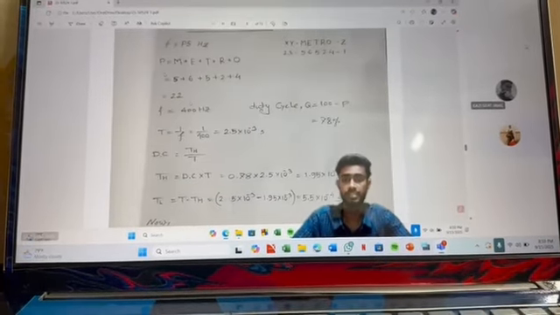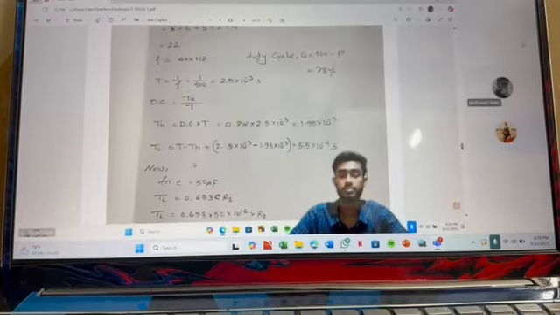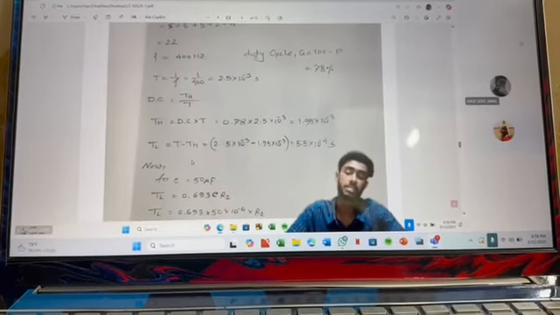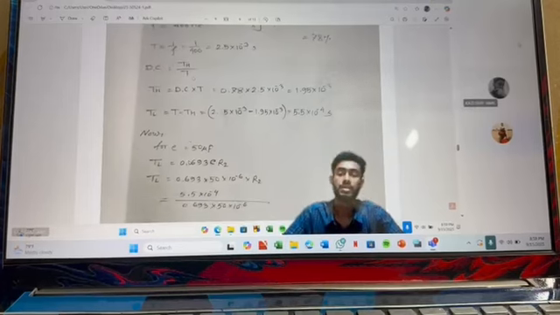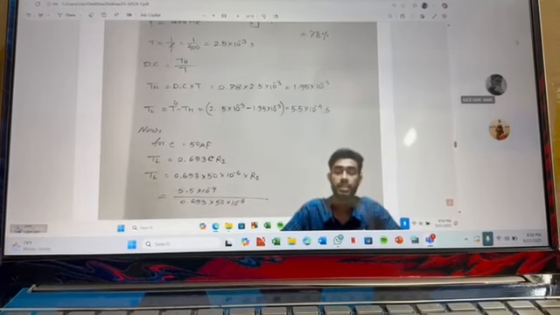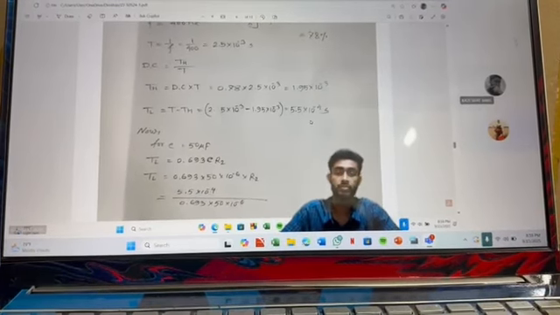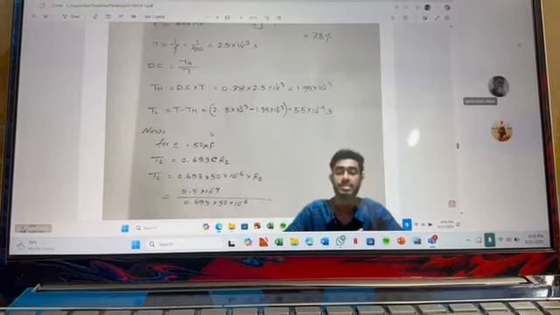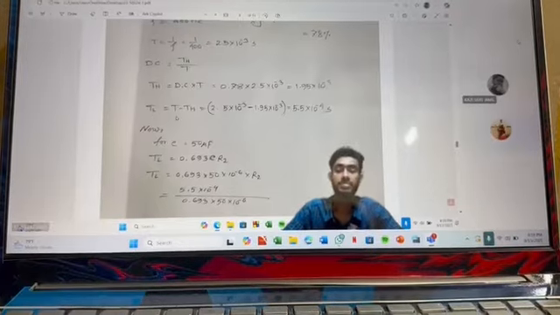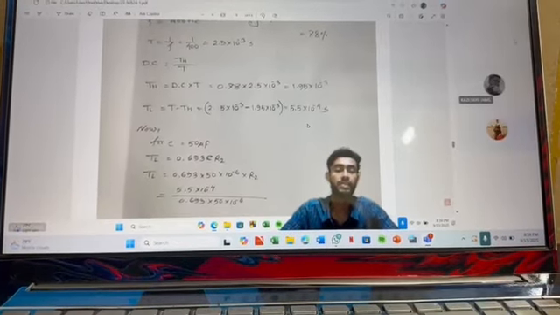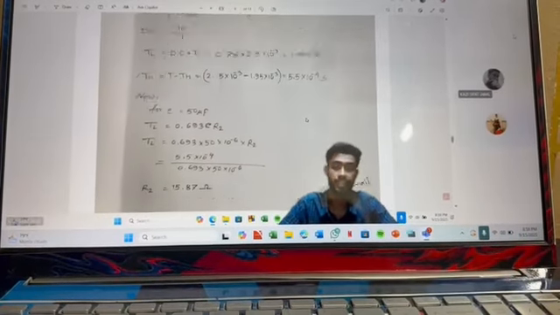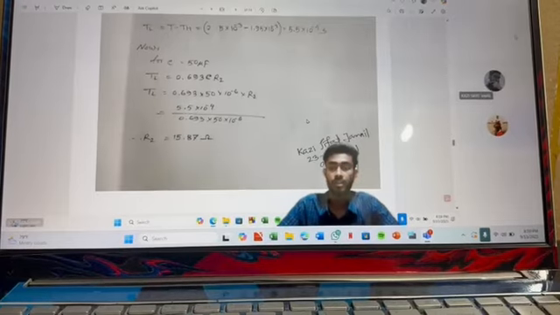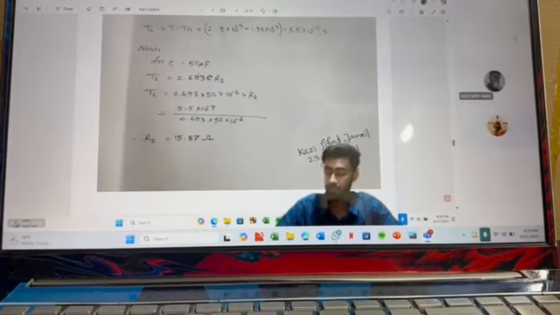So the duty cycle will be TH by T. Here we got TH as 1.95 times 10 to the minus 3, and TL, which is T minus TH, is 5.5 times 10 to the minus 4 seconds.